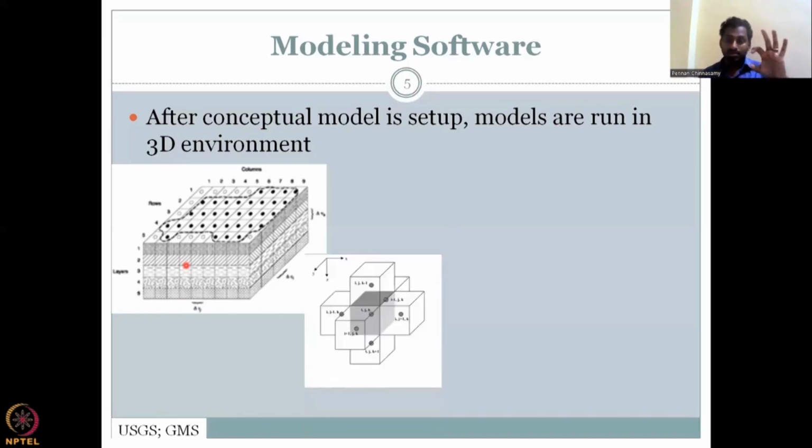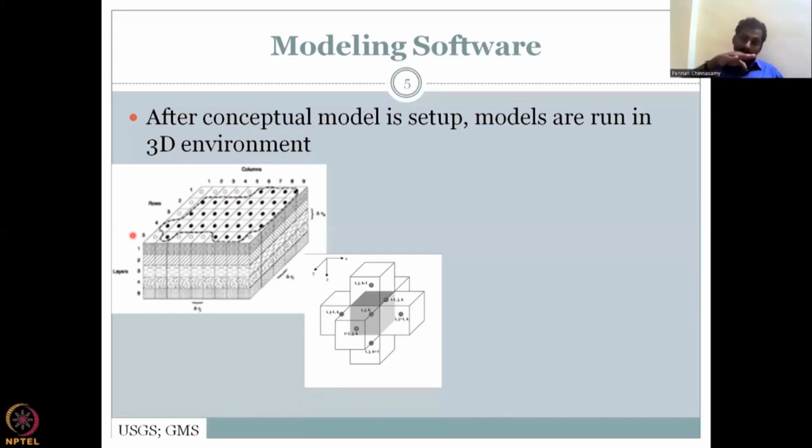So each grid I'm taking out. This is the MODFLOW grid as columns and rows. I'm just taking one single cell out. So how does any model simulate the groundwater flow? For that one cell, it will look at how much is incoming and outgoing water, and then based on the soil type and the demand and the cone of depression, the water movement is given.